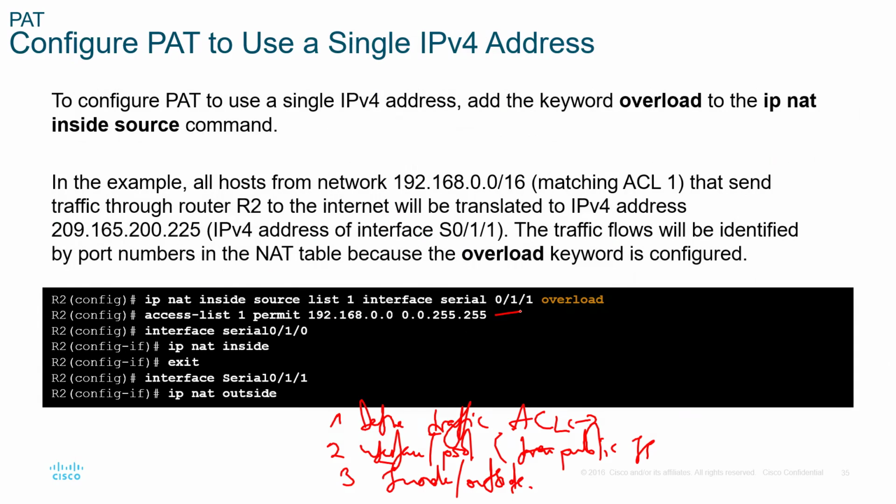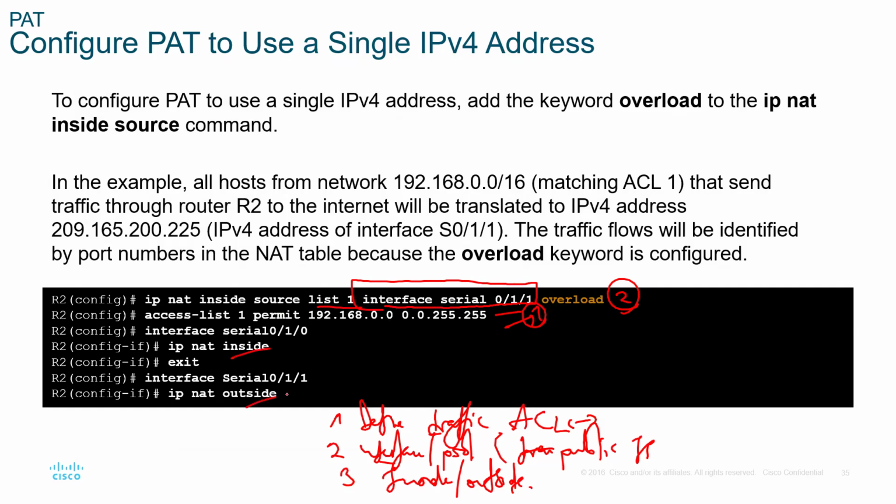This is where we are defining the traffic. This is step number 1. You define the traffic that needs to be translated. Then step number 2, we go directly to binding. This is where we are binding the traffic that needs to be translated with the source list 1 and the public IP address that's going to be used, which is an interface IP address.